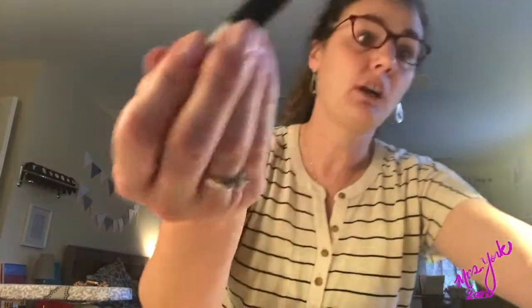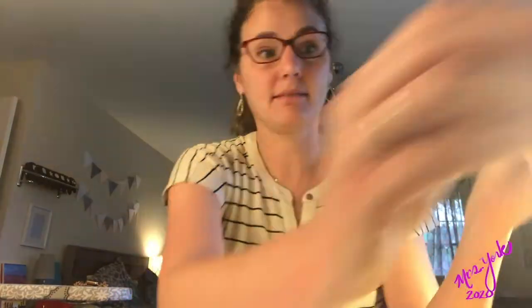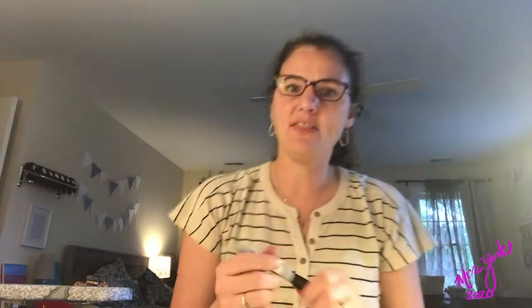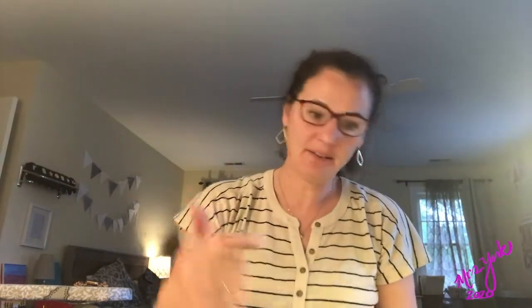I'm going to speed this up so you don't have to watch me spend 20 to 30 minutes on it. Just watch how I do it, and then we'll get to it. Okay, here we go.